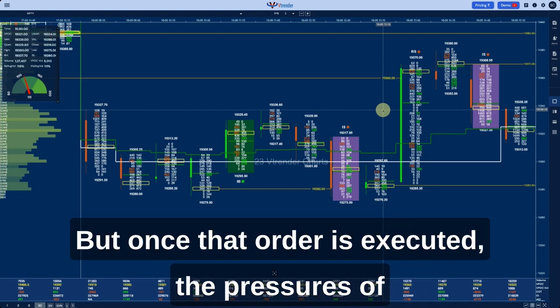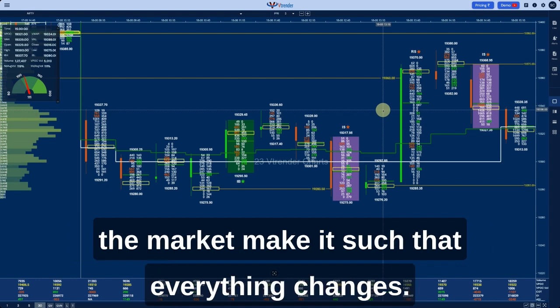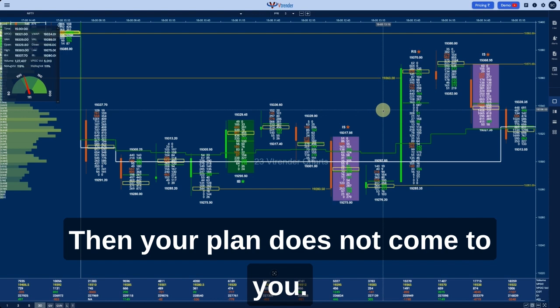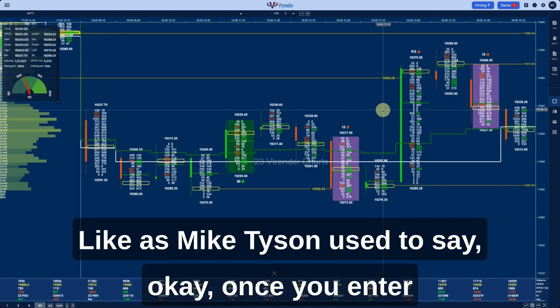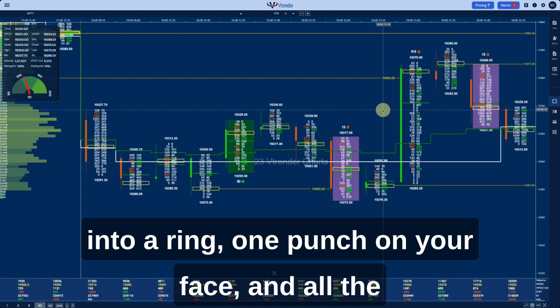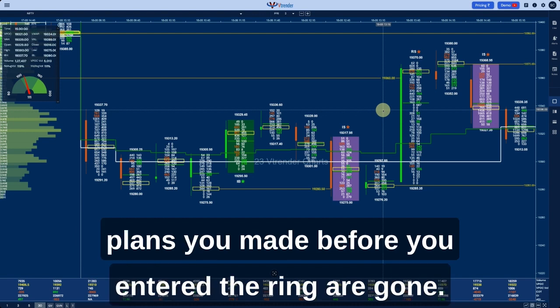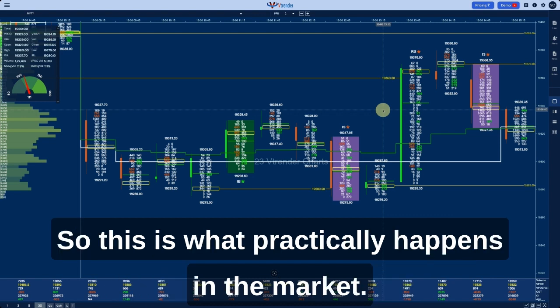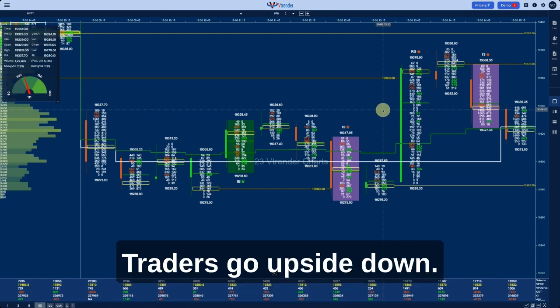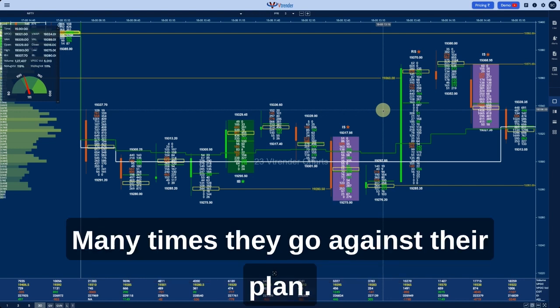But once that order is executed, the pressures of the market make it such that everything changes. Your plan does not come to you. Like Mike Tyson used to say, once you enter the ring, one punch on your face, and all the plans you made before you entered the ring are gone. So this is what practically happens in the market. Traders go upside down. Many times they go against their plan.